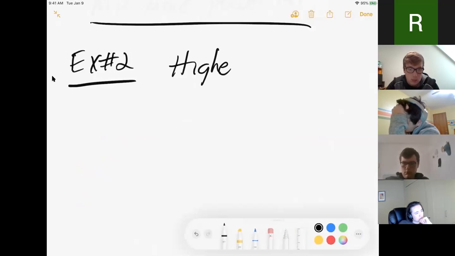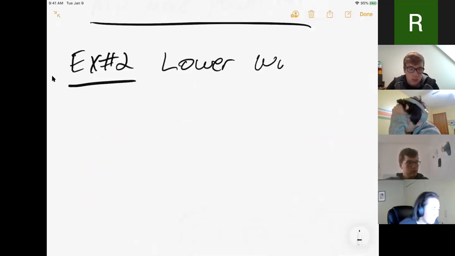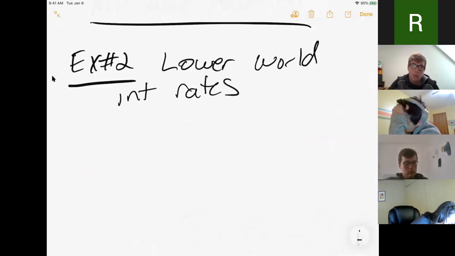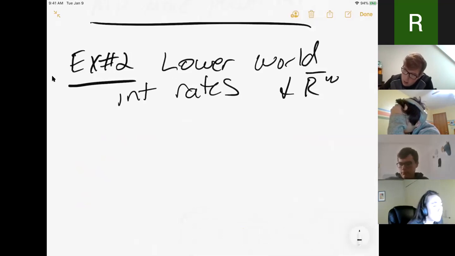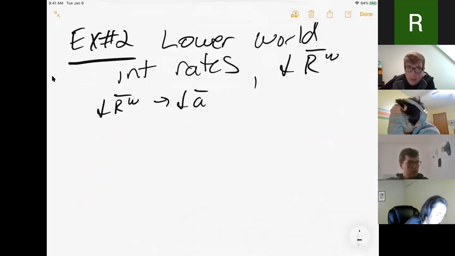Let's do the opposite example. Let's say that world interest rates go down. What impact does this have on our small open economy? This is a reduction in A bar.